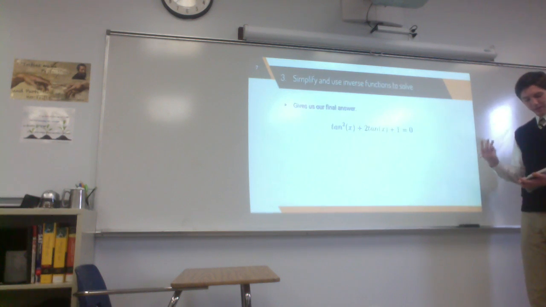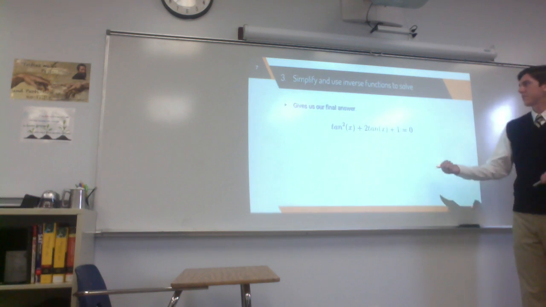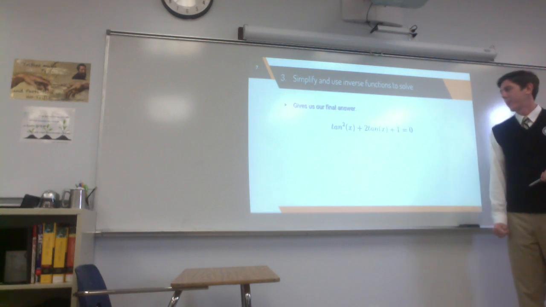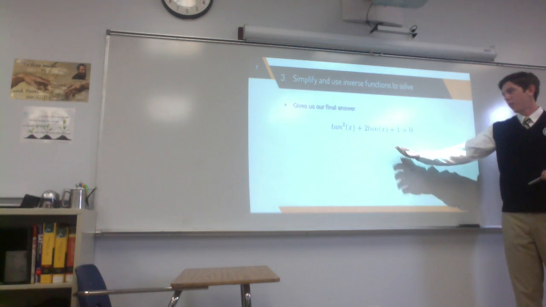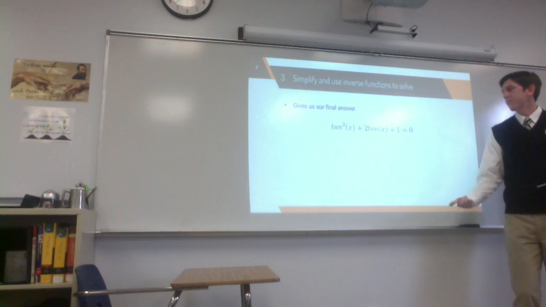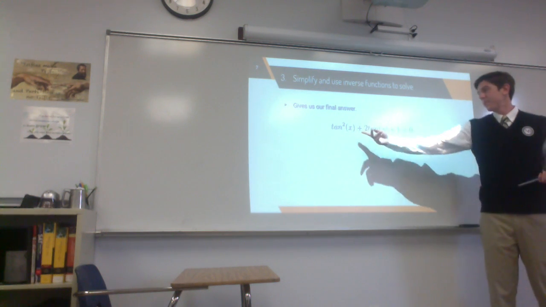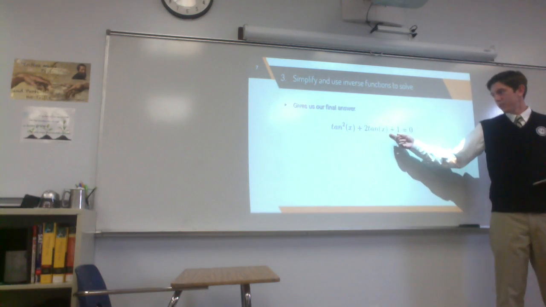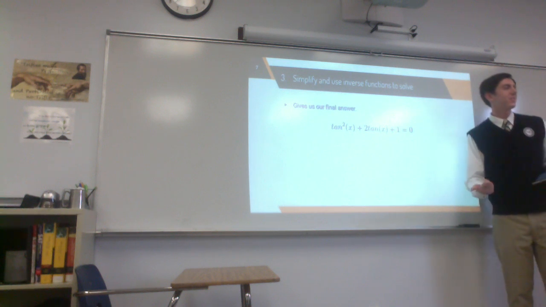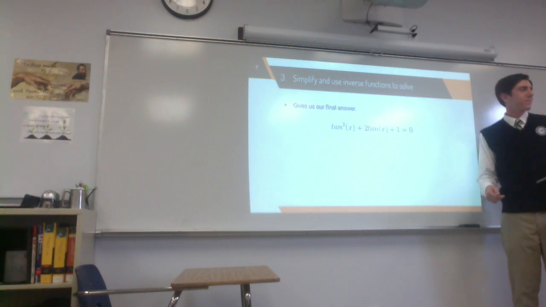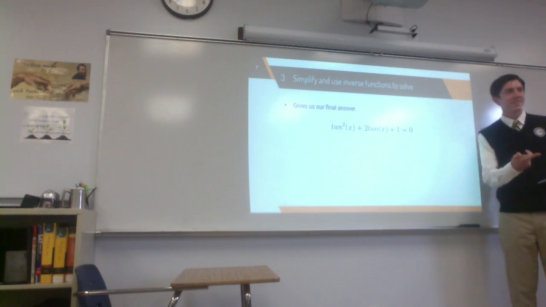So step 3, we're going to simplify and use our functions to get our final answer. So for this particular one, we're going to factor it, because if you see the pattern where the tangent squared plus 2 tangent plus 1, do you guys know what we could factor this into? Tangent plus 1 times tangent plus 1.